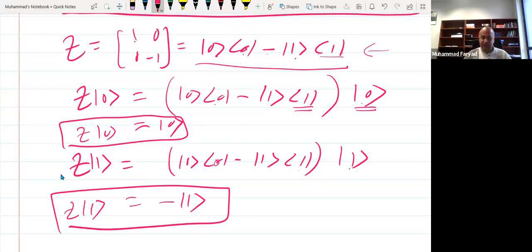Since it's a 0 here, when this 1 would come to 0, this is gone. So I can see immediately from here that the |1⟩ state goes to -|1⟩ and the |0⟩ state goes to |0⟩. Okay, so this is an advantage, that you are able to quickly see the action of the gates on individual states of the qubit.